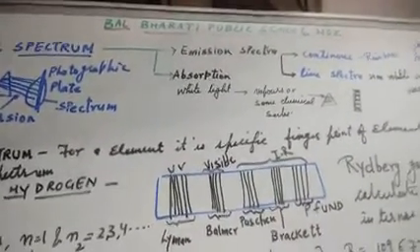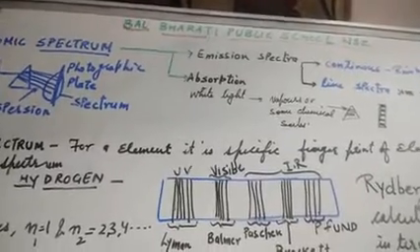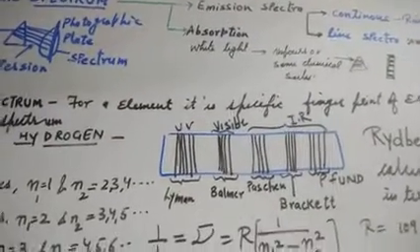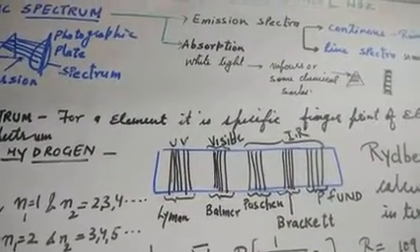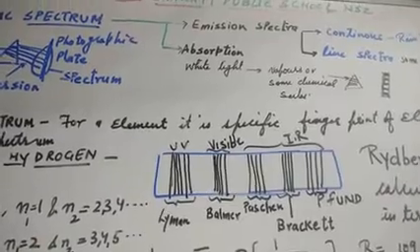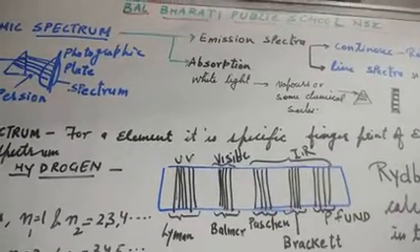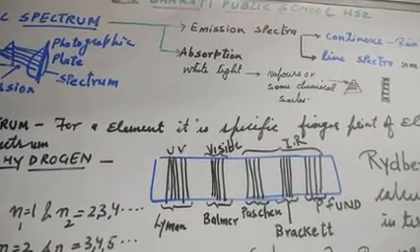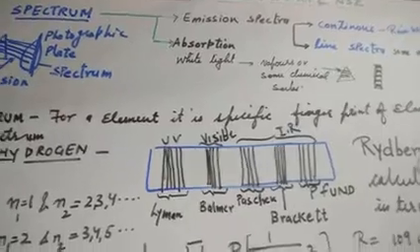And as the set of lines or the group of lines were observed, different scientists studied those lines, assigned them a particular region, and gave them their names also.